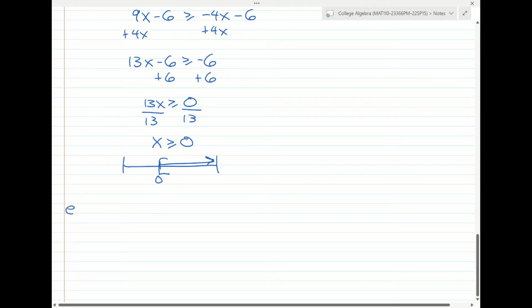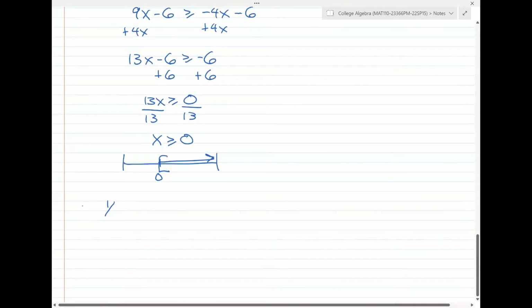About if we had this one, we had 1/4. Let's see, this will be C. We had 1/4 times x plus 3 plus 2 is less than or equal to 3/4 x plus 8.